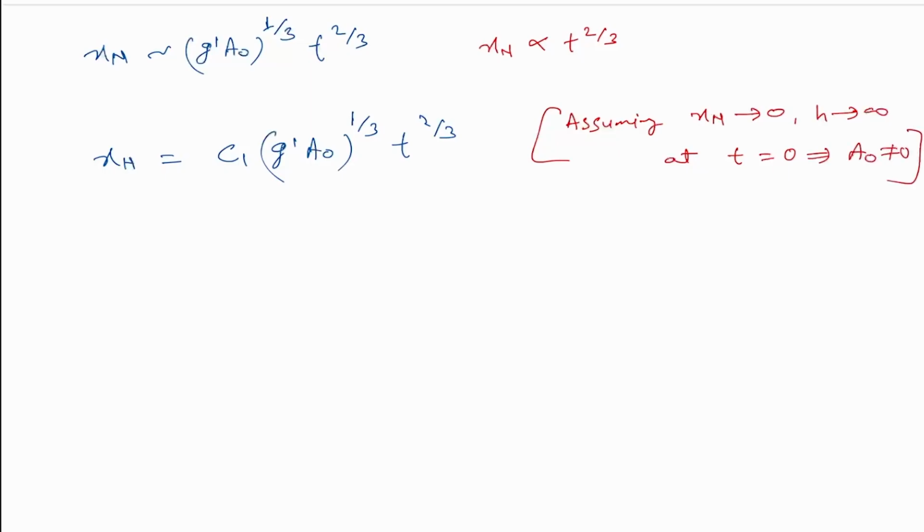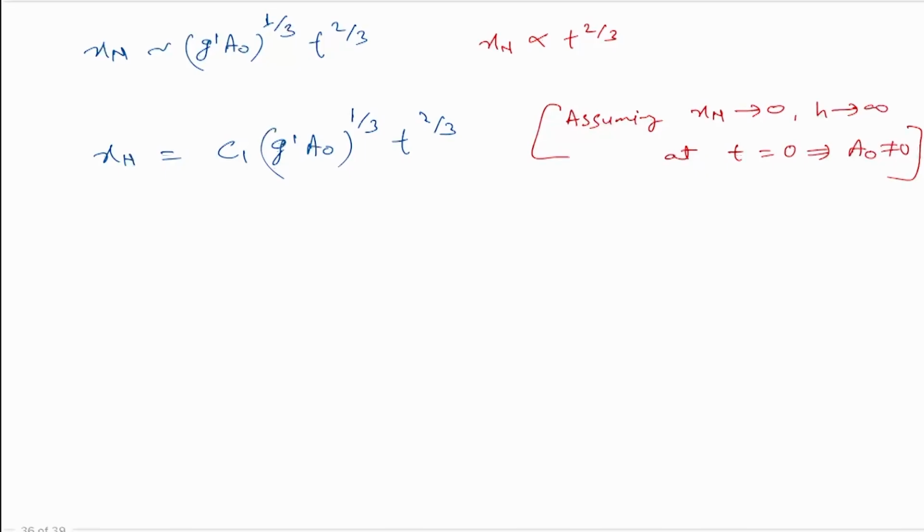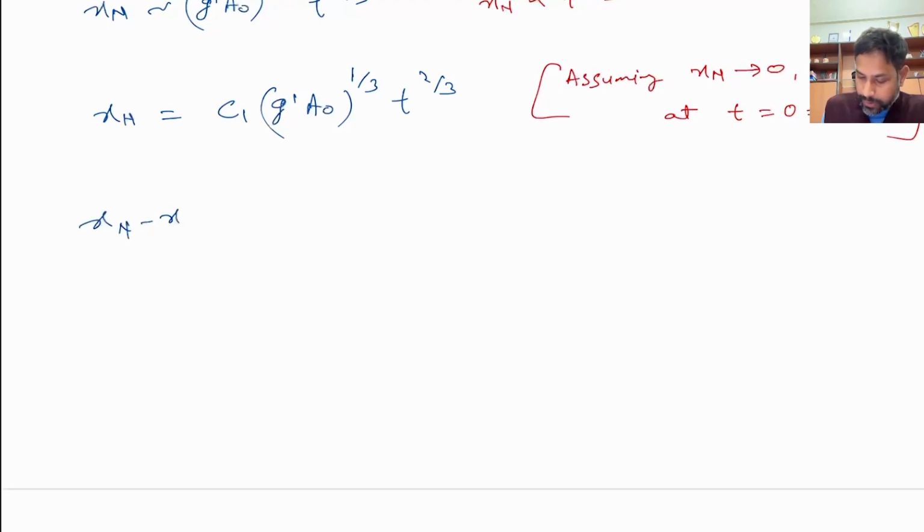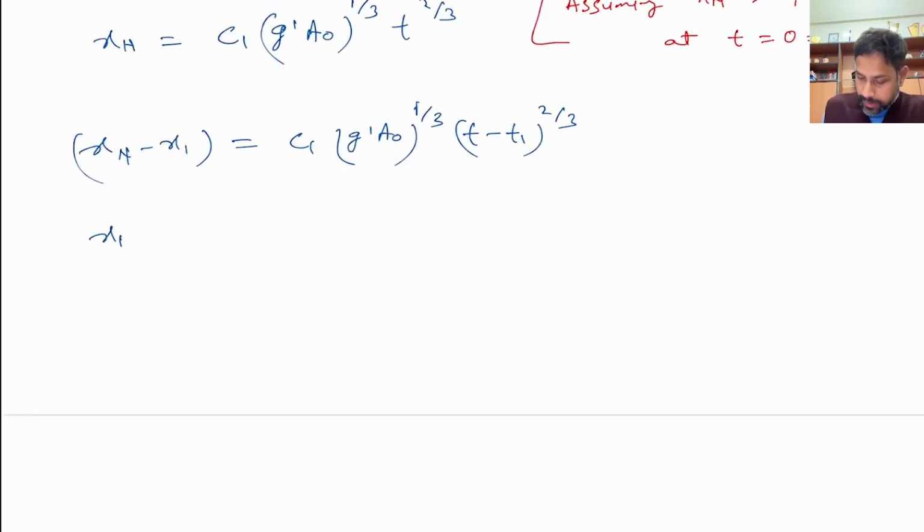So this is one way to define it. The other way is we can say at t equal to 0, xn has some value. So we can say that this equation works for some reference point that is given as a naught to the power 1 by 3 times (t minus t1) to the power 3. And let's see what exactly these terms mean.